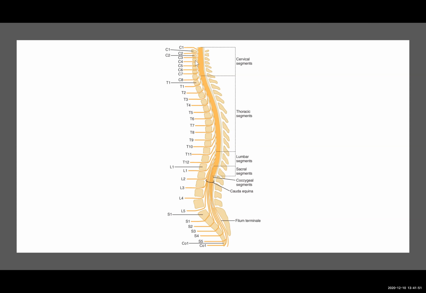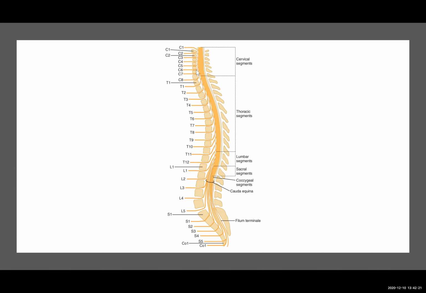And so when you get patients, sometimes they'll say they had a C5 burst, which means if this C5 vertebra blew up and blasted back into the cord, you most likely are going to get, if this was C5, so C1, 2, 3, 4, 5, you see it's the C6 that is going to be damaged, not the C5 nerve root.